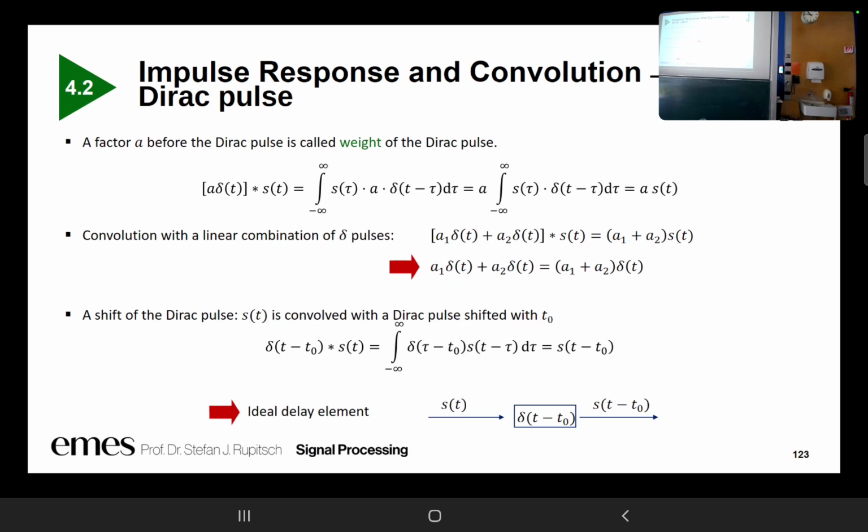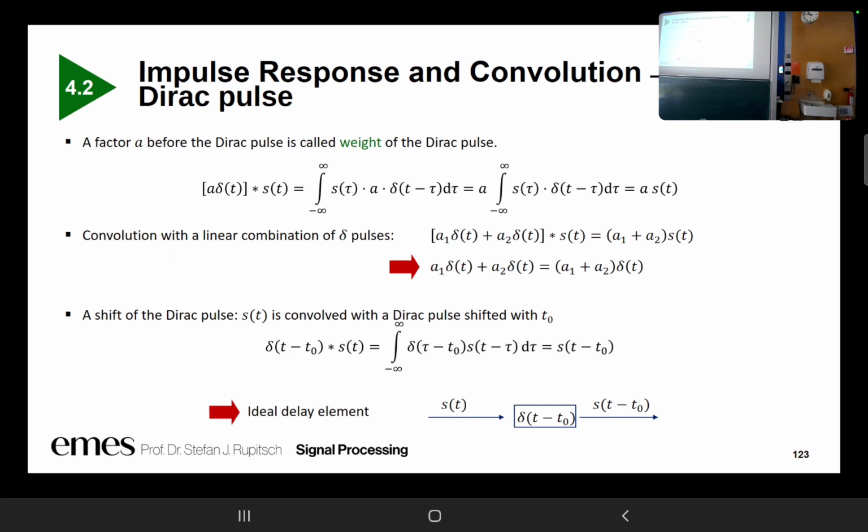The problem is the length of the pulse has to be less than the inverse of the bandwidth of the signal. If you have a bandwidth of 100 gigahertz or more, then the pulse has to be very, very short. That's challenging from the technical point of view. That's the reason why there is lots of research ongoing in radio frequency technology.